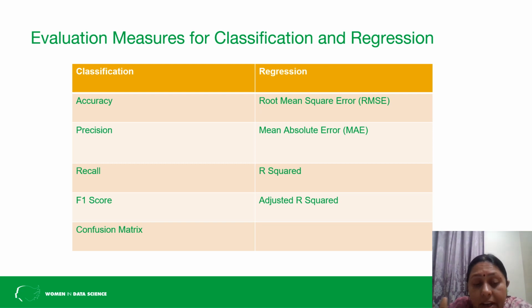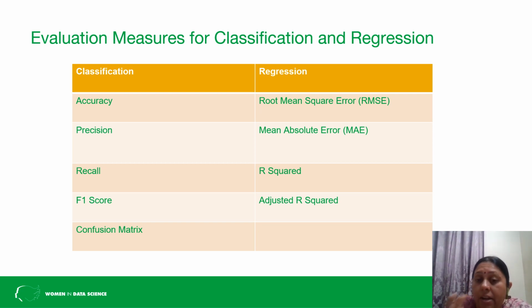If we look at the regression based technique, I told you we have the actual output in the form of a number and we have a predicted or forecasted output in the form of a number. Let's say I'm looking at the temperature forecast. Today's actual temperature is 30 degrees and the forecasted is 29.